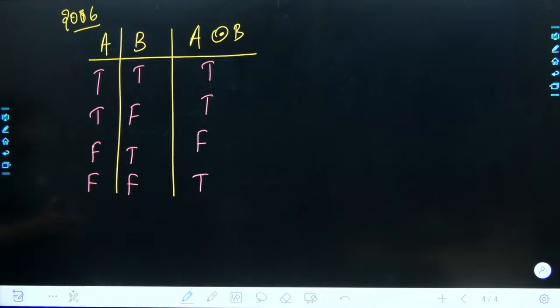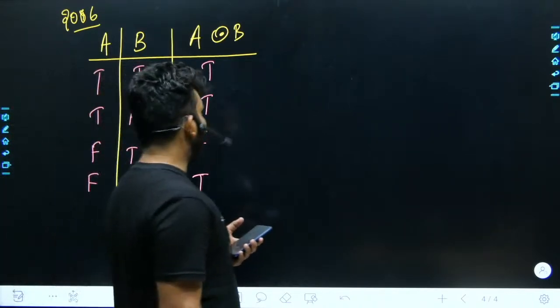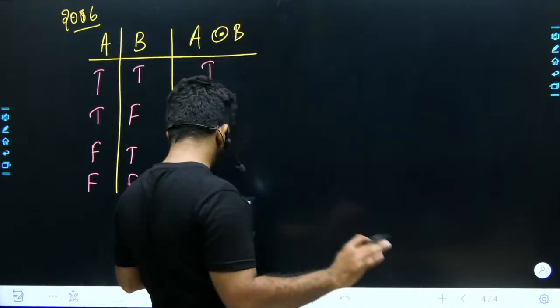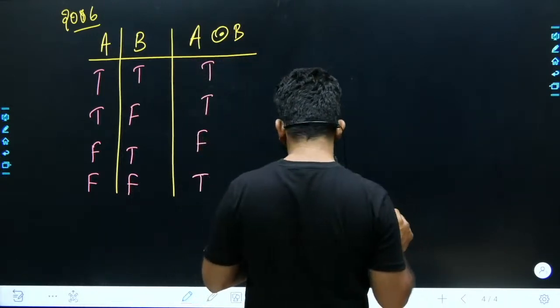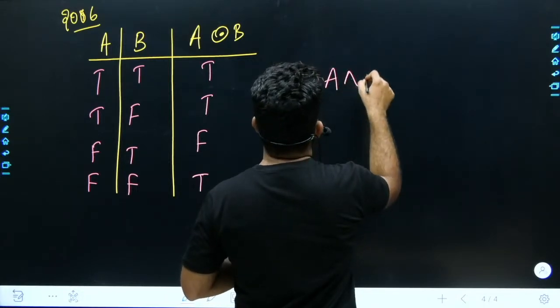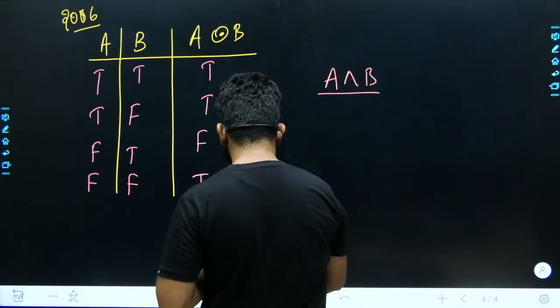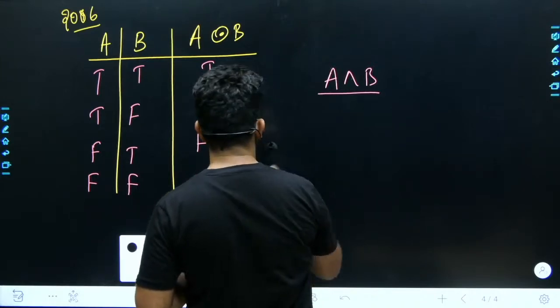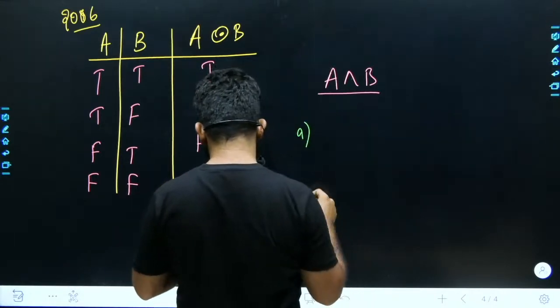So I am being asked, for whatever symbol this is, which one of the following is equivalent to A and B. Which one of the following is equivalent to A and B? The options given are these.